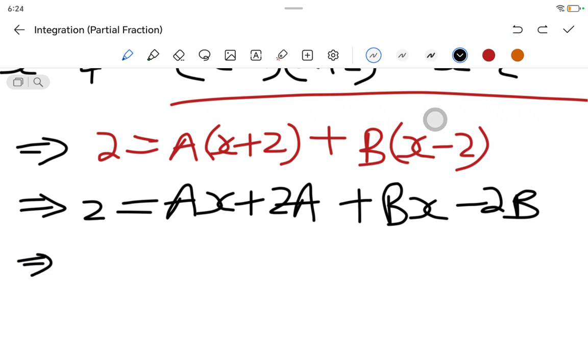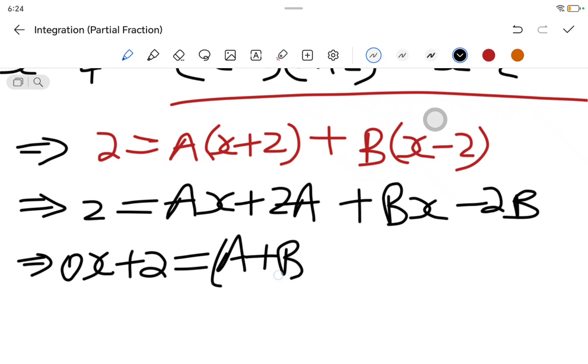The highest degree is x, it's 1 here. So we're just going to say 0x plus 2. And this is a plus b x plus 2a. Is it minus? Yeah, minus 2b.